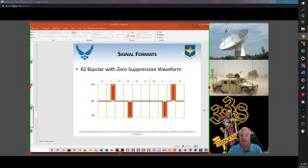What are they? Can anybody tell me? CDI is one of them. What's the other 2? RZ polar and RZ bipolar with zero suppression. So those are the three that we look at.